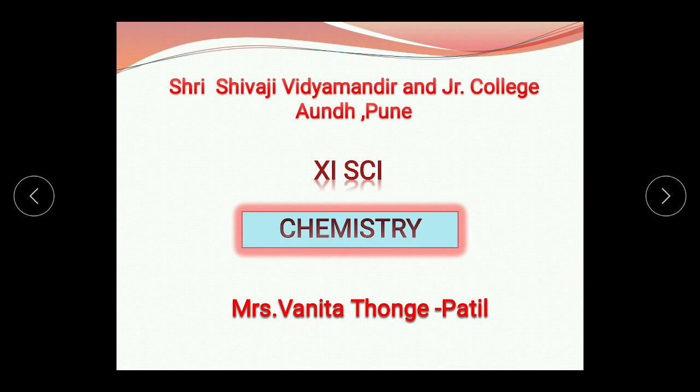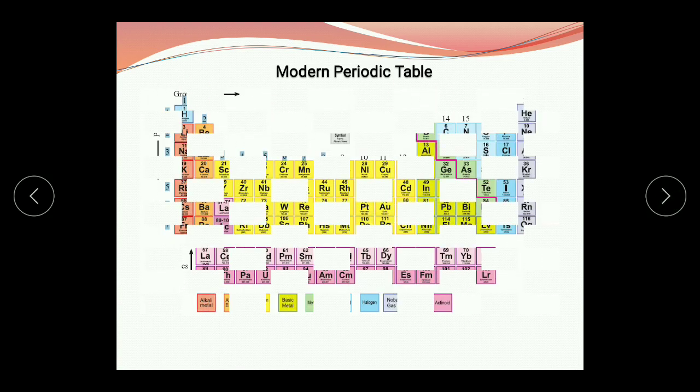Now, in connection to that, I'm going to start with the 8th lesson of your syllabus, and the name is Elements of Group 1 and Group 2. So, where are these groups in the periodic table?